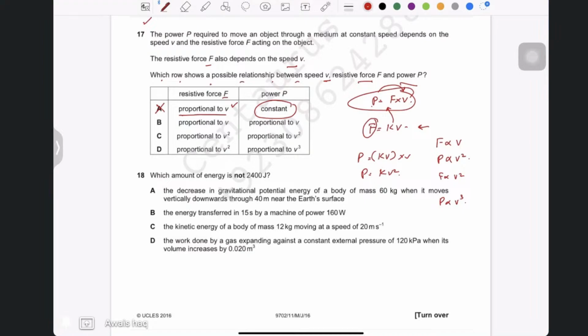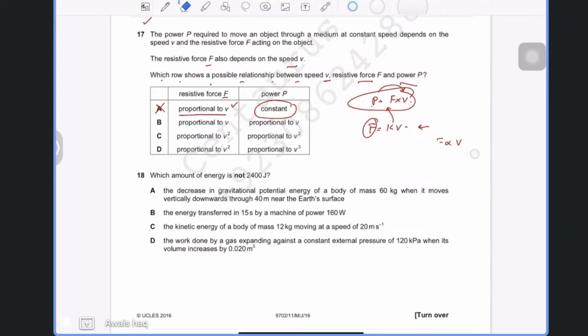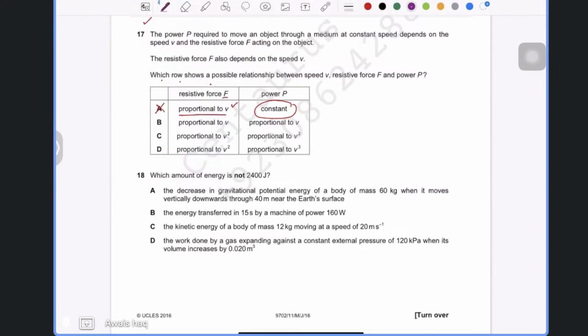Okay, I'm going to explain it again. Imagine this. I'm going to write a very important rule here. In physics, we can only compare two things and keep the third constant. All right, is that clear? So this is the rule I'm following right now. My initial idea is that force times velocity is equal to power, right?